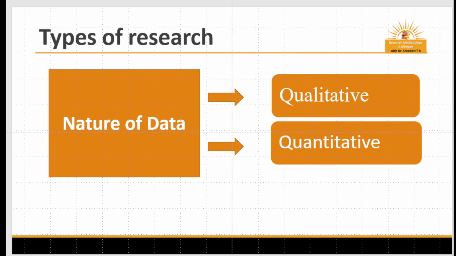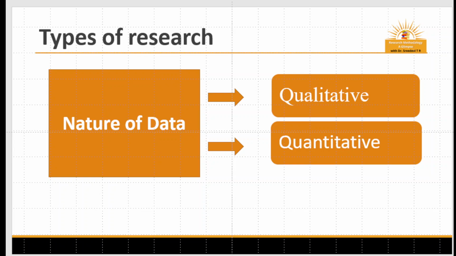Then qualitative research. Qualitative research is based on methodological principles of phenomenology, symbolic interactionism, and aims at exploration of the social world, phenomena related to quality or kind. Character, personality, and mankind are examples of variables used in qualitative research.